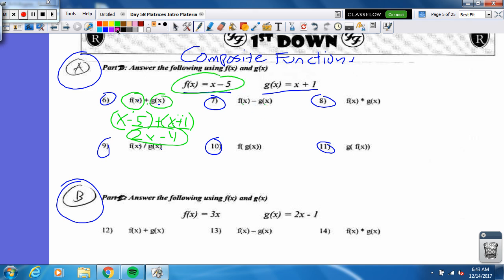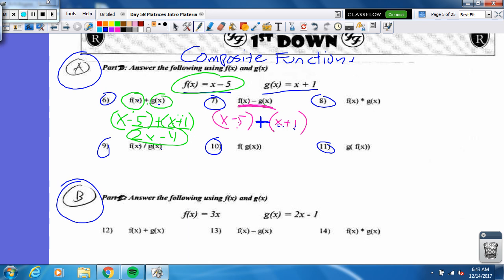Next, f of x minus g of x, okay? So f of x is x minus 5. Make sure you write the problem down too, so that you have the problem and the work attached to your notes, so you know what's up. Minus g of x, which is x plus 1. Don't forget to distribute the negative. The way I do that is I change the subtraction sign to a positive, and everything in here I change the signs.